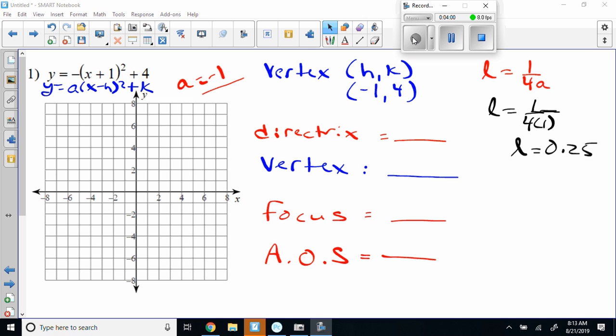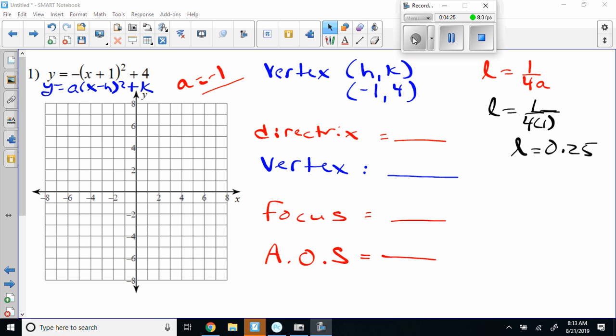Now, can you see how I arranged these? Do you see a pattern on how I arranged these? Except for the very last one, which is the AOS. That's just basic, just give me an equation type thing. But can you focus in on how I've got it set up? Directrix, vertex, and focus. How is that arranged?